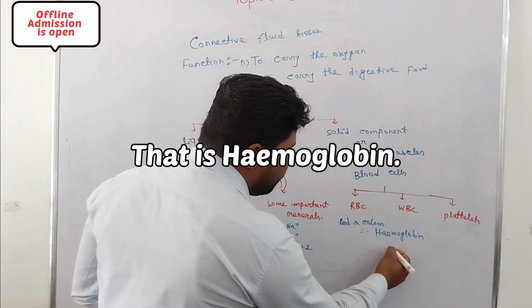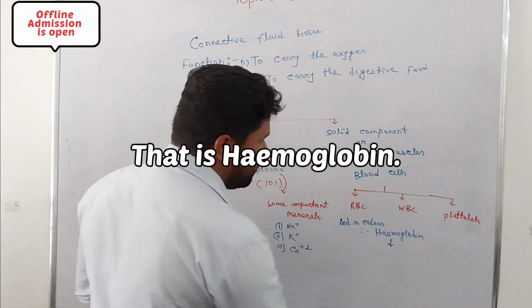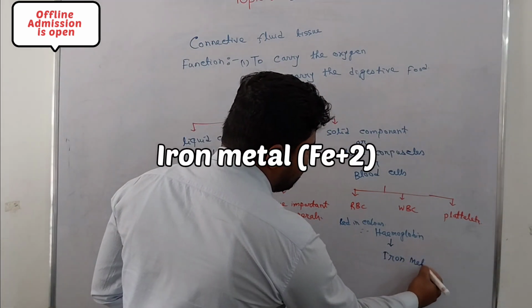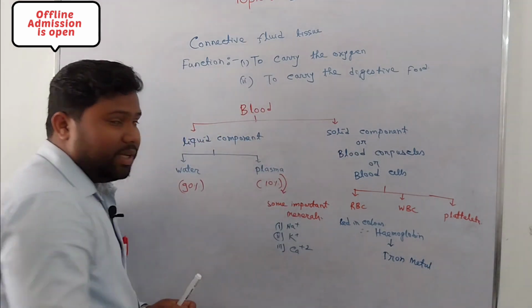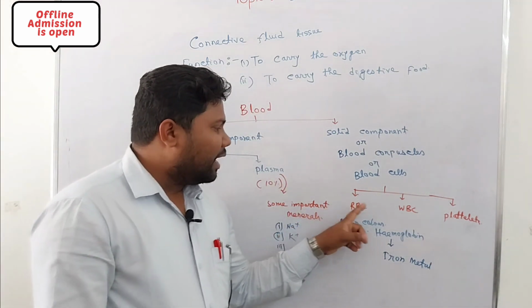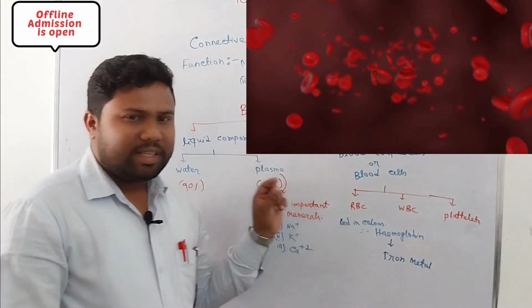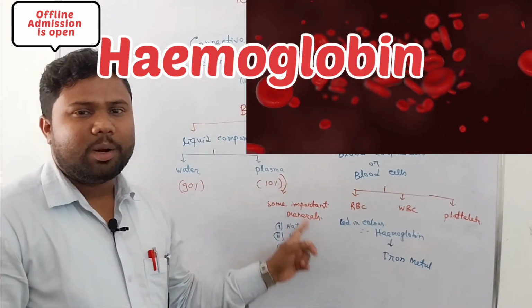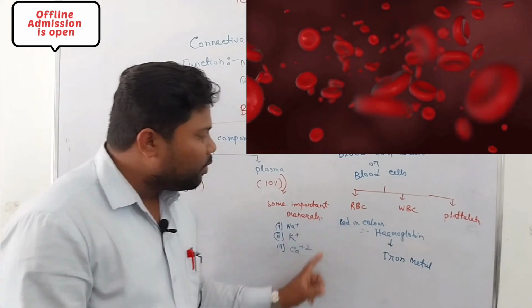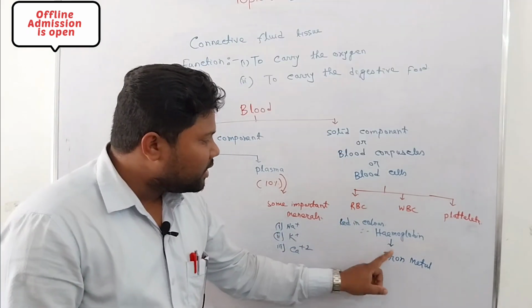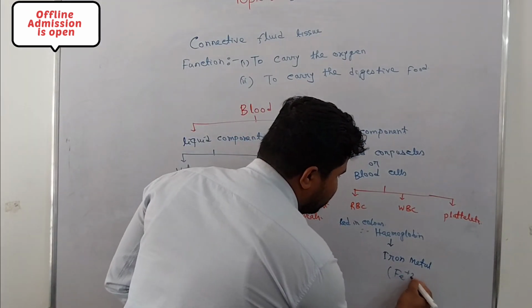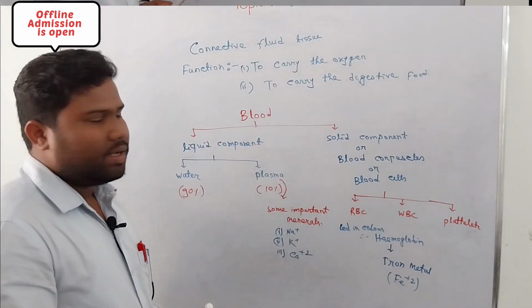And in this hemoglobin, a metal ion is present, that is iron, Fe plus 2 ion.